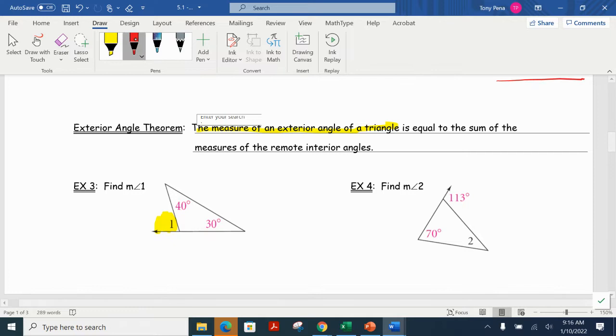All right. So what that means is the measure of angle 1 would have to equal, we keep reading here, the sum of the measures of the remote interior angles. Those are the inside angles that are opposite of that.